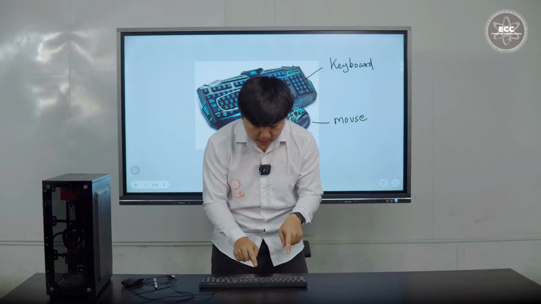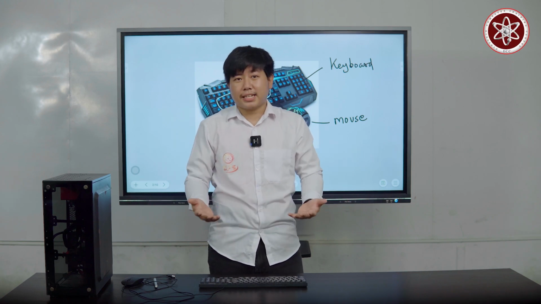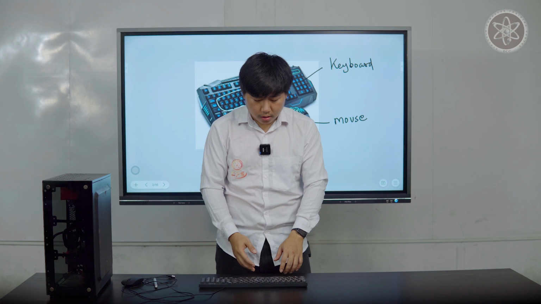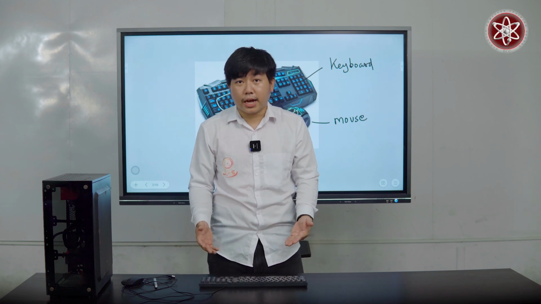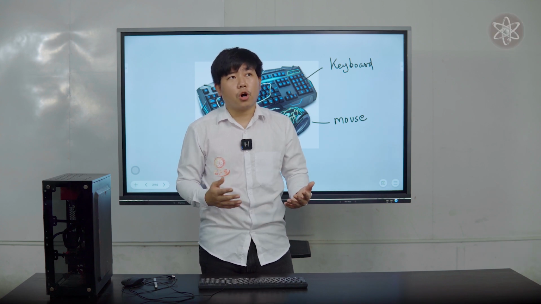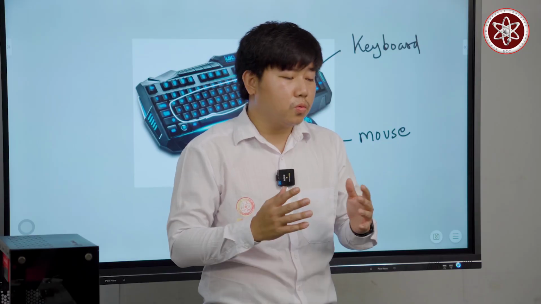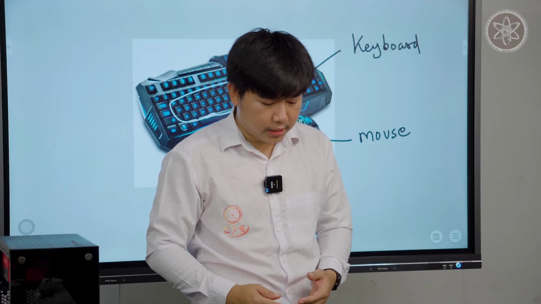If you type like this, you'll waste a lot of time, and then in an exam, you won't have enough time to finish the questions. And also in real life situations, your working time would increase. You would have a hard time finishing a job in a short period of time.